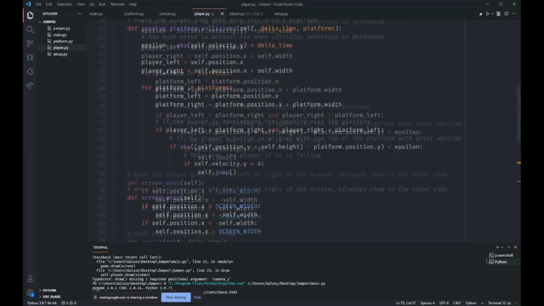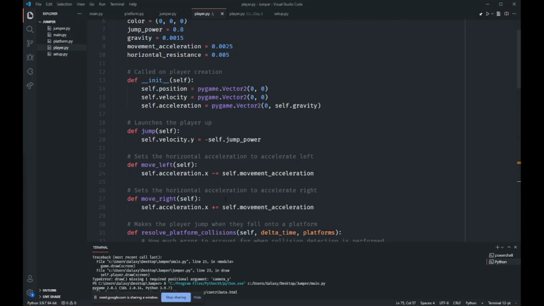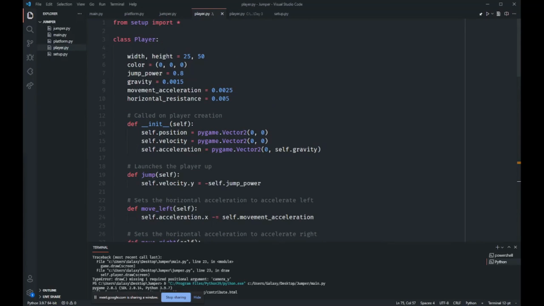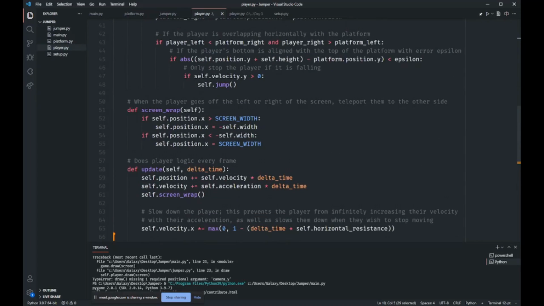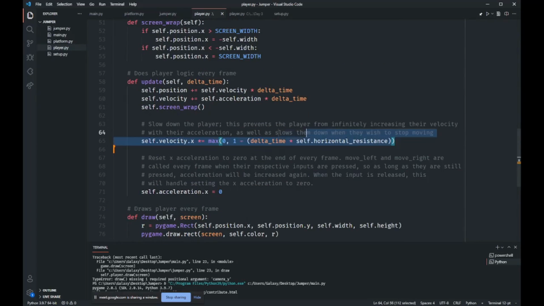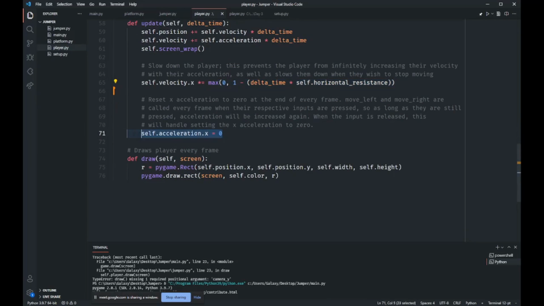I'm going to have to look back at this and see exactly where we went wrong. But basically, this should be the same as what we had before, right? So we have our movement acceleration, our horizontal resistance, our move left, our move right, and then in here we are multiplying the x velocity by this value, and then setting acceleration to 0. Not too sure where we went wrong, so we'll have to take a look later.